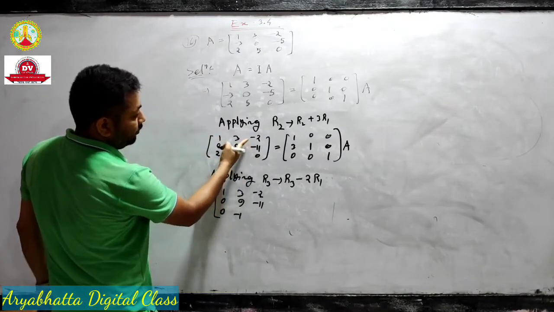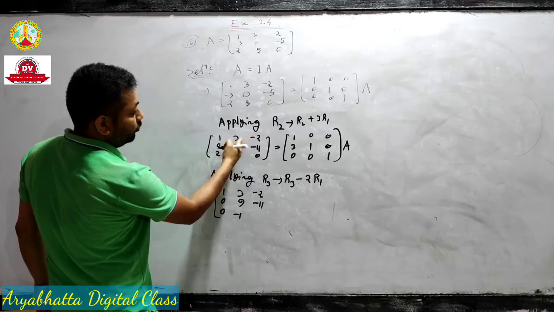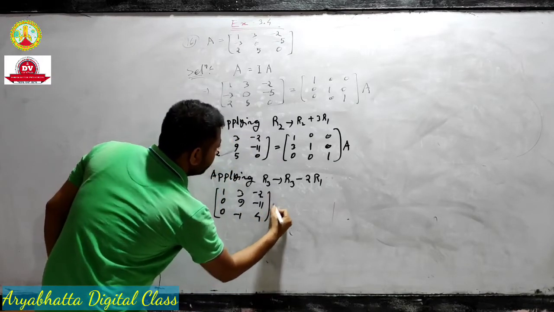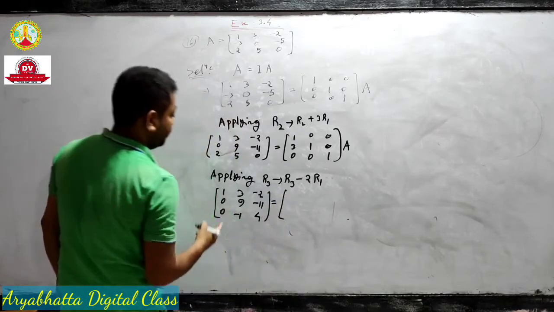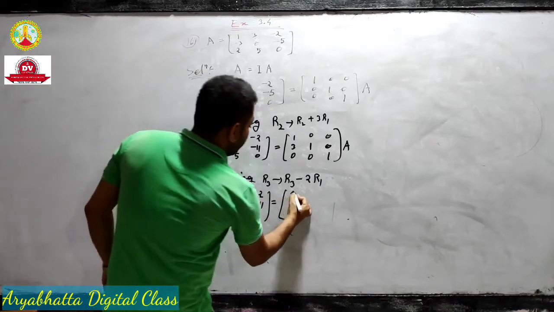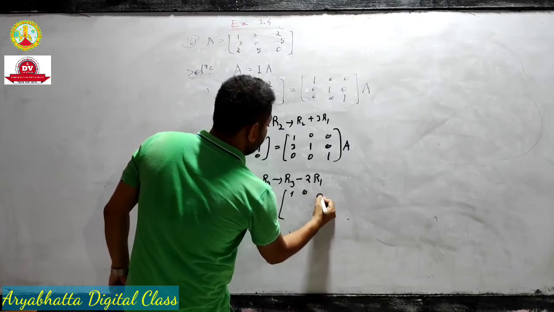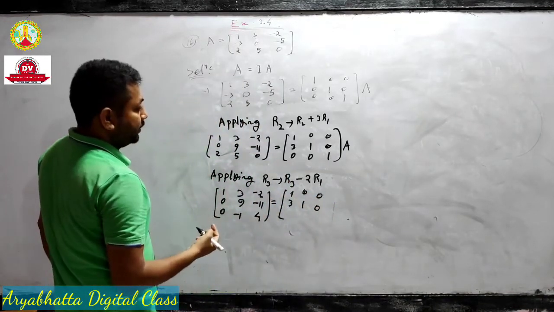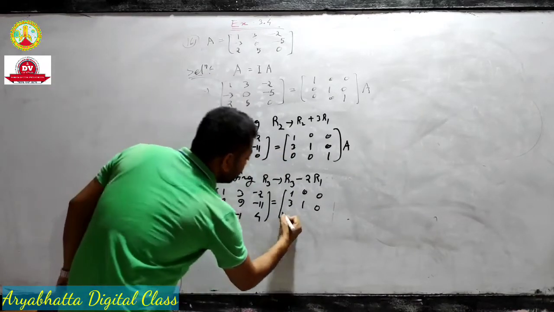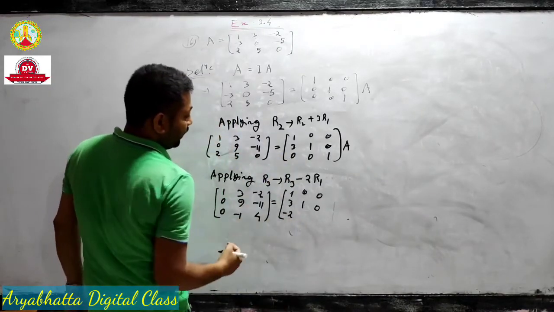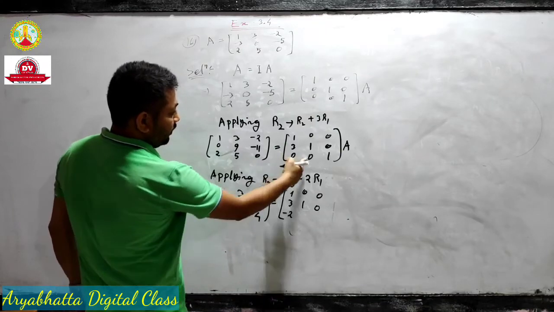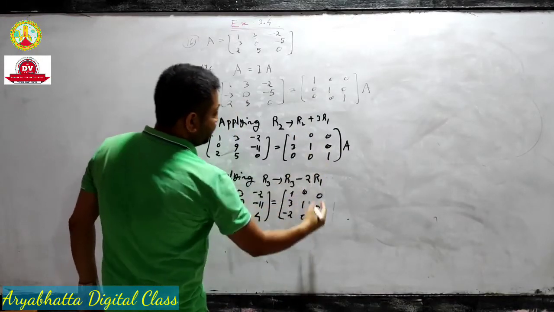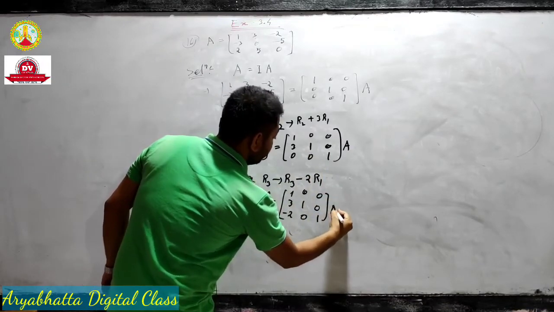Next, 0 minus 2 into minus 2 plus 4, equal to 1, 0, 0, 3, 1, 0. For these elements, R3, 0 minus 2 into 1, minus 2. Next, 0 minus 2 into 0, 0. 1 minus 1 into A.